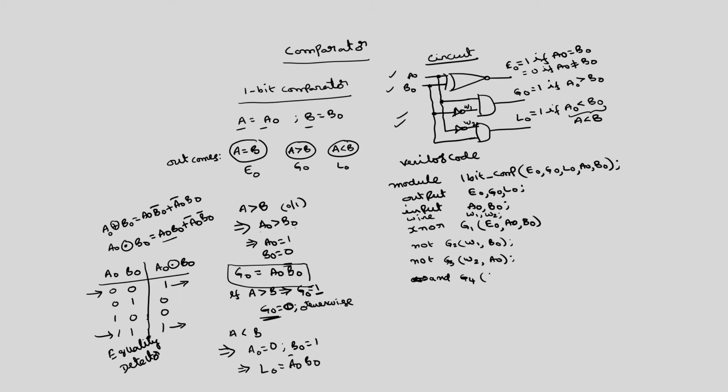The output of the AND gate is G0. The inputs are W1 and A0. And G5, output is L0, input is W2 and B0. End module.